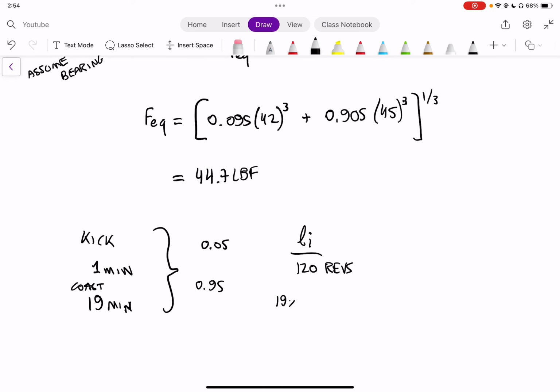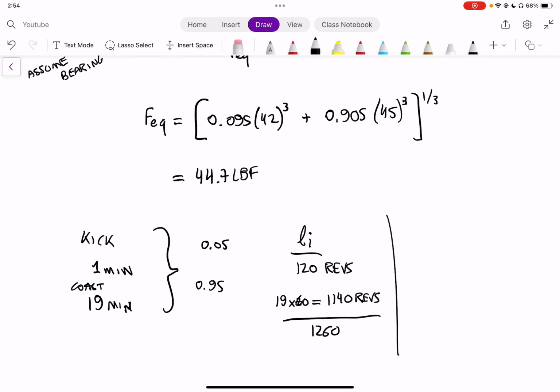So we would have 19 minutes times 60, would be equal to 1,140 revolutions. And the total for Li would have been 120 plus 1140, which is 1260.